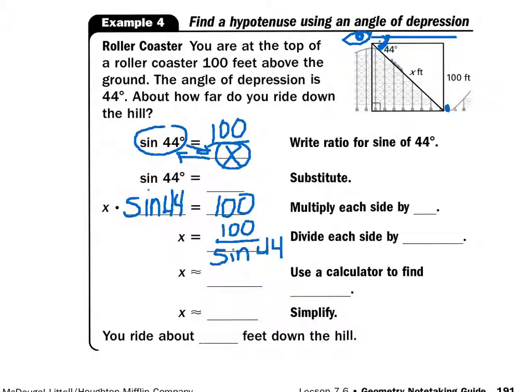So now x equals 94 divided by, put sine of 44 in your calculator, which should be 0.8829, and you get 106.5.